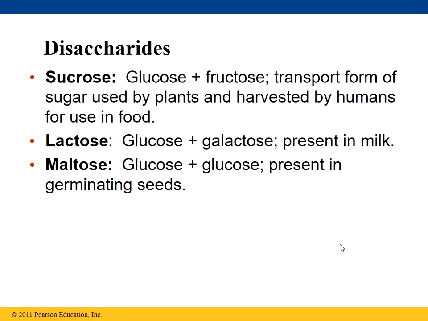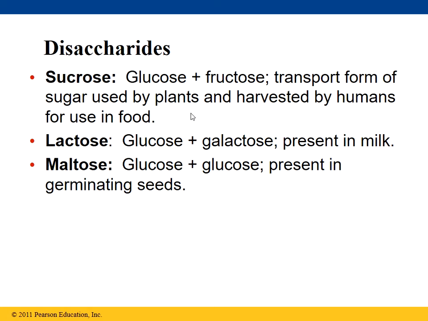For the disaccharides, I ask that you know these 3. Sucrose, which is a transport form of sugar that's used in plants. We harvest sucrose, that's our form of table sugar. Most of you, I think, are aware that we have a pretty big sugar industry here in South Florida, and that we harvest sugar cane.